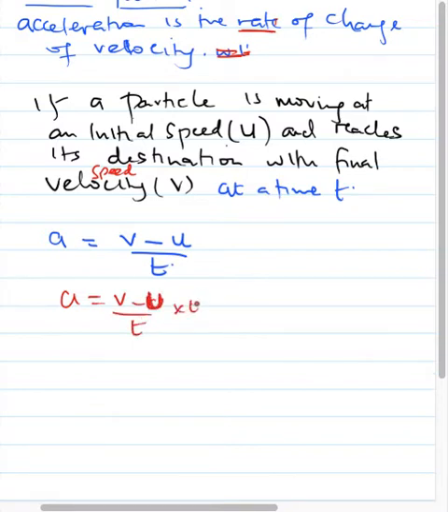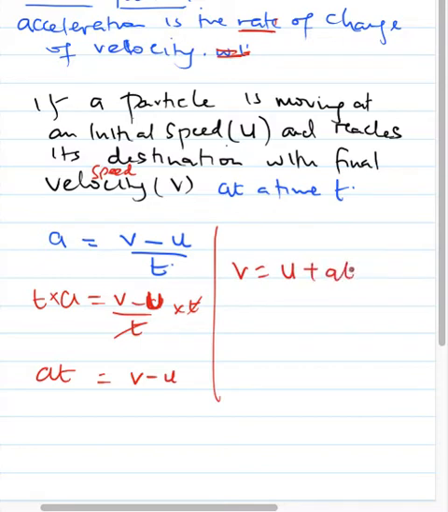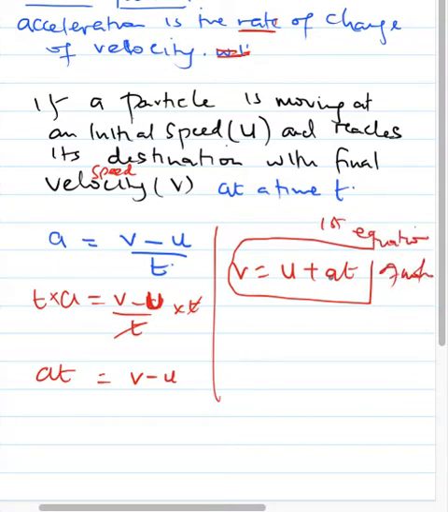So we have at equals v minus u, meaning that v equals u plus at. This here is the first equation of motion. This is how it is derived.